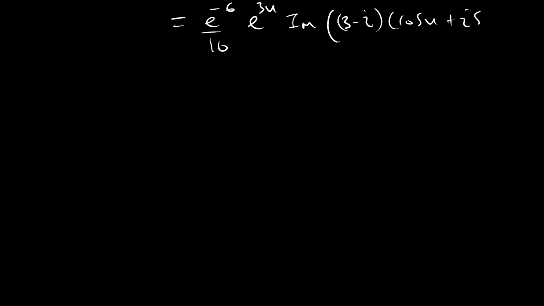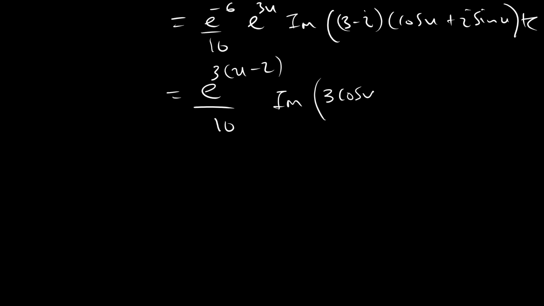And so we can multiply that out and say, okay, this is the same as e to the (3u minus 6) over 10, the imaginary component of 3 cosine of u plus 3i sine of u minus i cosine of u plus sine of u plus c.